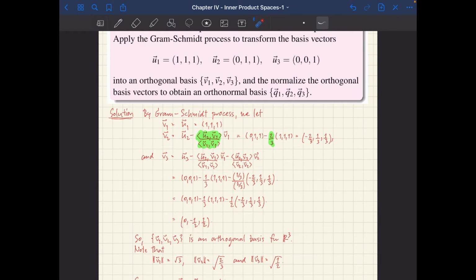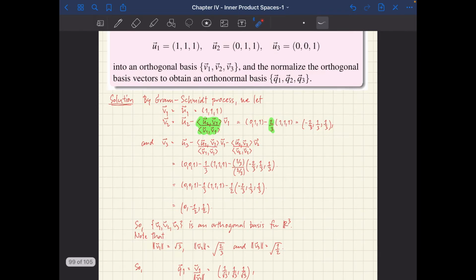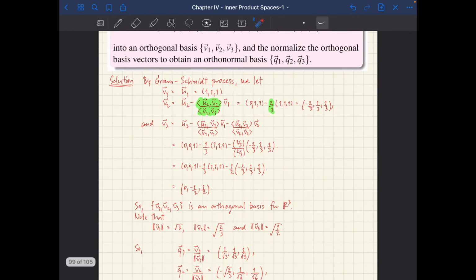For the calculation, I will skip it, but I need you to know how to use the Gram-Schmidt process. So now we obtain that v1, v2, and v3 is an orthogonal basis for R3. And next, we need to find the orthonormal basis, right?